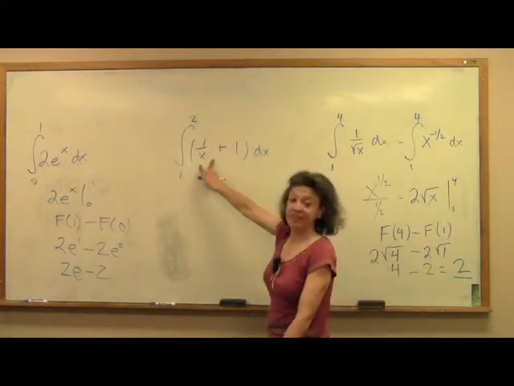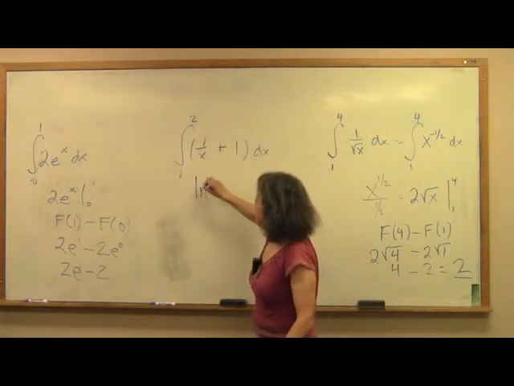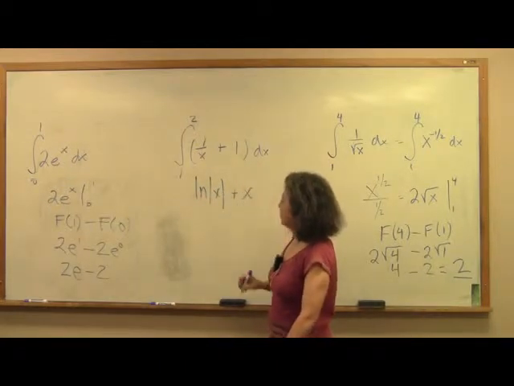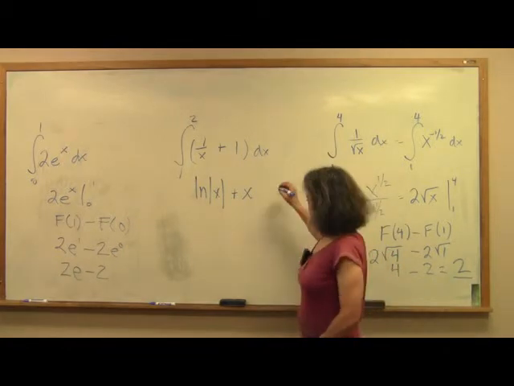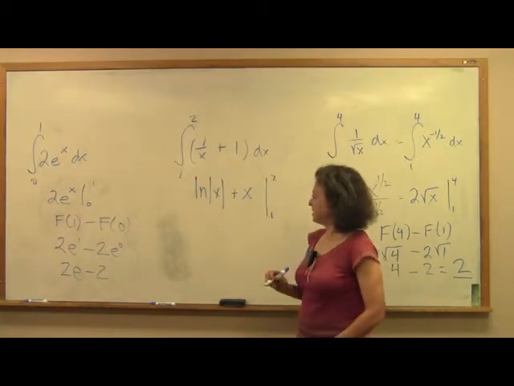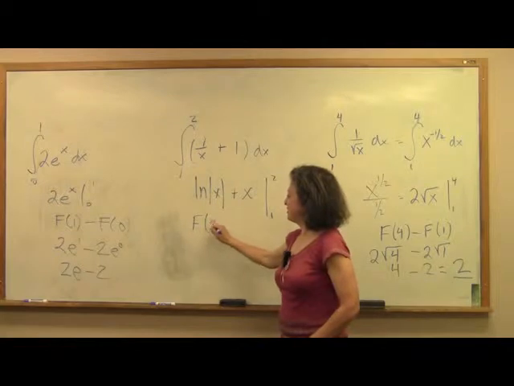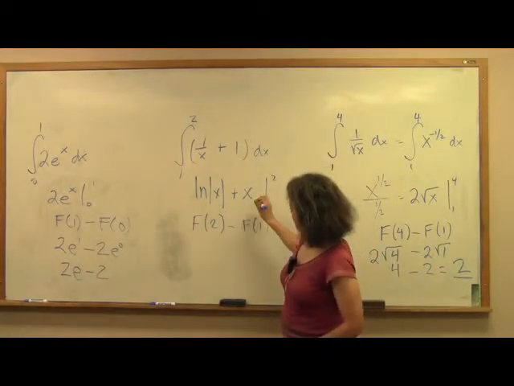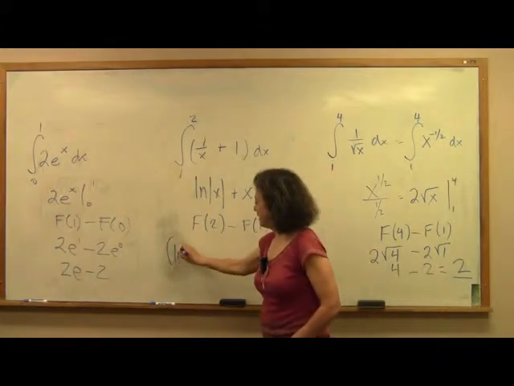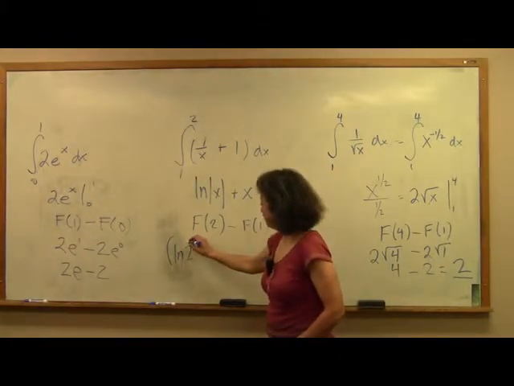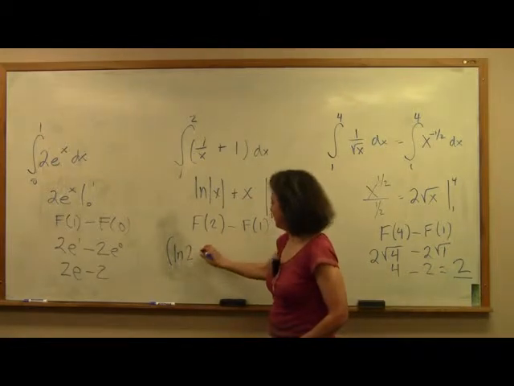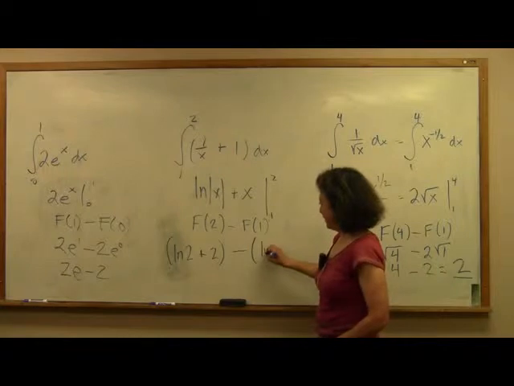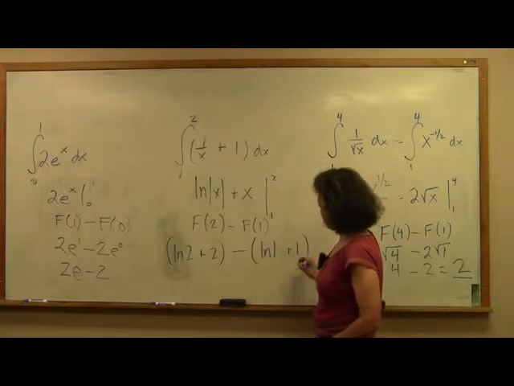Well, the antiderivative of 1 over x is log x. The antiderivative of 1 is 1x. I evaluate that from 1 to 2. So it's f of 2 minus f of 1. So what do we get when we plug 2 in? We have the natural log of 2. We could put the absolute value, but that's positive, plus 2, minus the natural log of 1 plus 1.